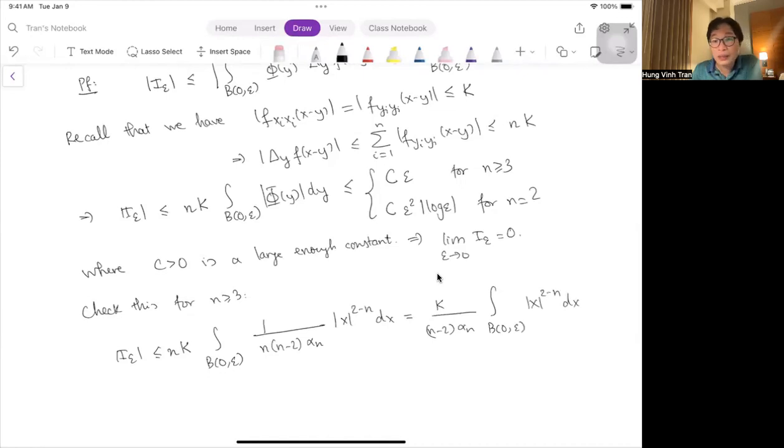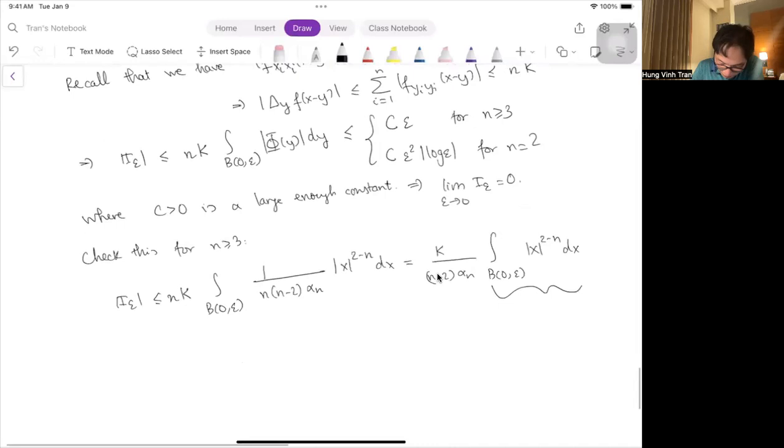All right. Now this integral, I'm using the second fact that I stated earlier, that we can compute it by peeling the ball into various spheres. So this equals k over n minus 2 times alpha n, and the ball of radius epsilon is turned into layers of spheres of radii from 0 to epsilon. For each sphere, |x| to the 2 minus n ds.